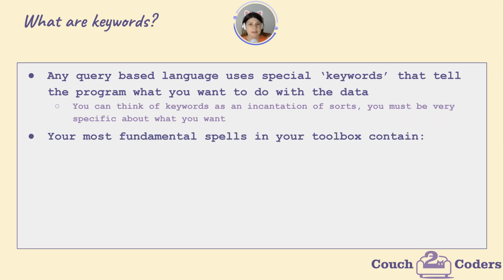So your most fundamental spells in your toolbox contain select, from, join, where, having, order by, and limit. Each of these 7 keywords, they have to come in this order. It's very important. So whenever you use select, that's the first keyword that you'll use, then from, then join, then all the way down.